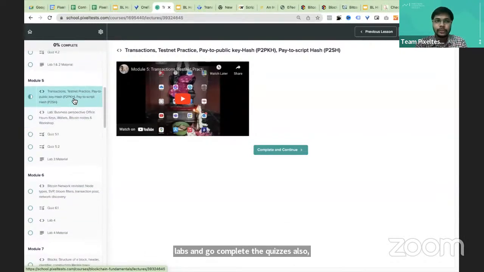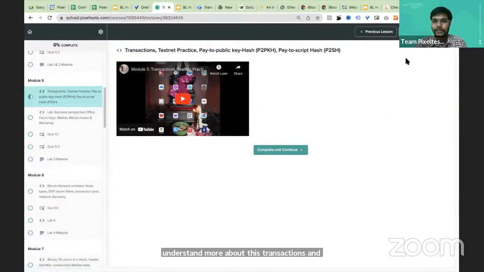In our next session, we are going to understand more about transactions and verification, and then we'll move on to further modules. Towards the end, we'll also get into a little of Solidity and understand how we can use simple code to create a few smart contracts.